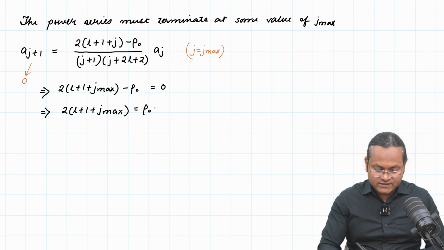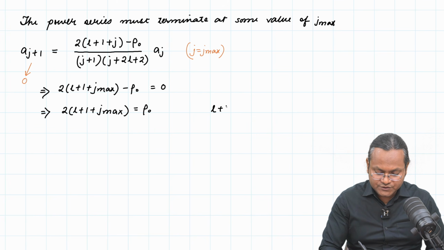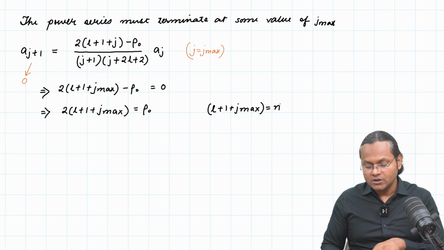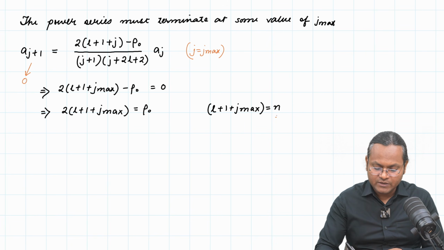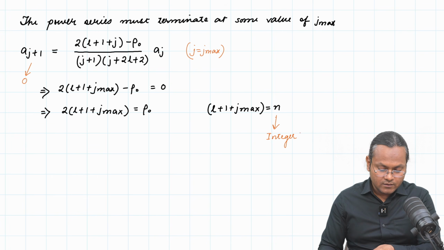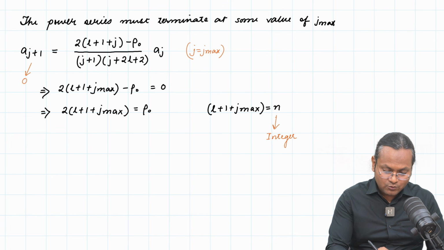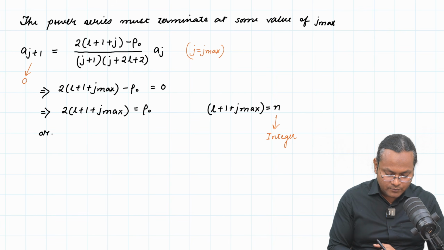Now I'm going to call this particular term L plus 1 plus j max equals something called n, right? j is an integer, L is an integer, 1 is an integer. So here we have some integer n, and for this particular integer n, the entire series terminates, so that we end up getting a relationship that 2n equals rho naught.